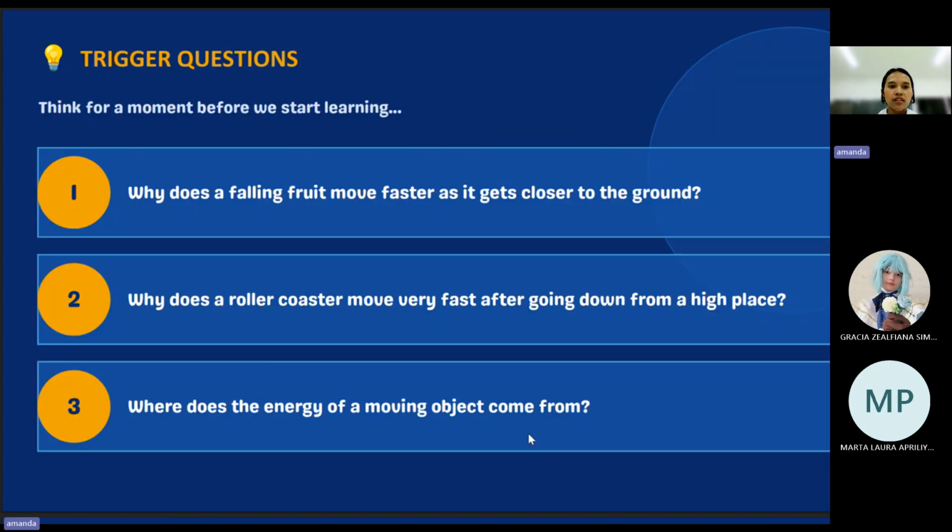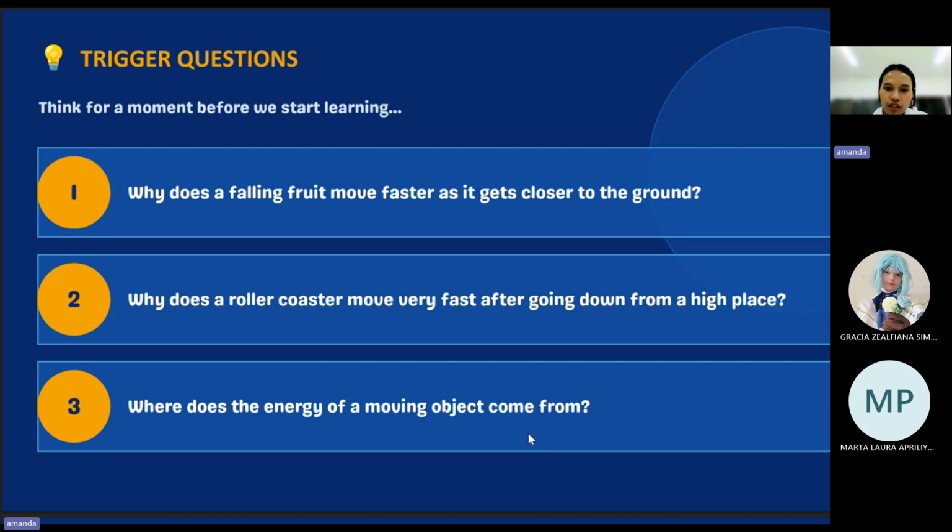Next slide about trigger question. To wake up our brains a little bit, let's think about these 3 simple questions. First, have you ever noticed a fruit falling from a tree? Why does it seem to move faster and faster as it gets closer to the ground?